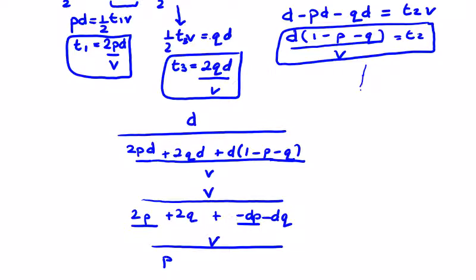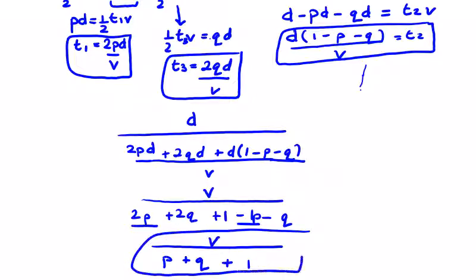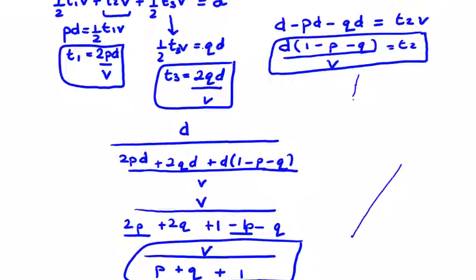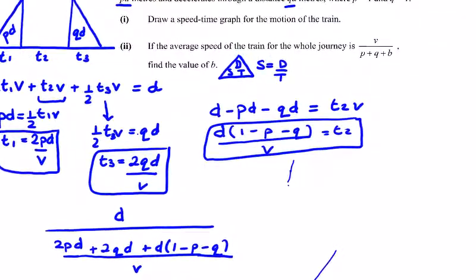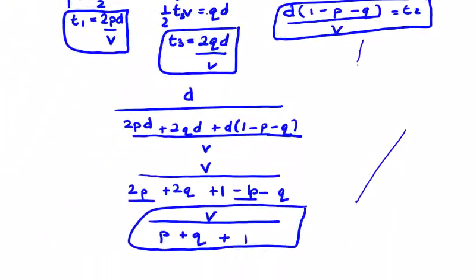And then that becomes a 1. So what do we look like? We have 2p minus p, which is just p. We have 2q minus q, which is just q, and we have the 1. So I think this is what they were looking for, v over something. V over p plus q plus b, and find the value of b. Excellent. We have it here, b is equal to 1.